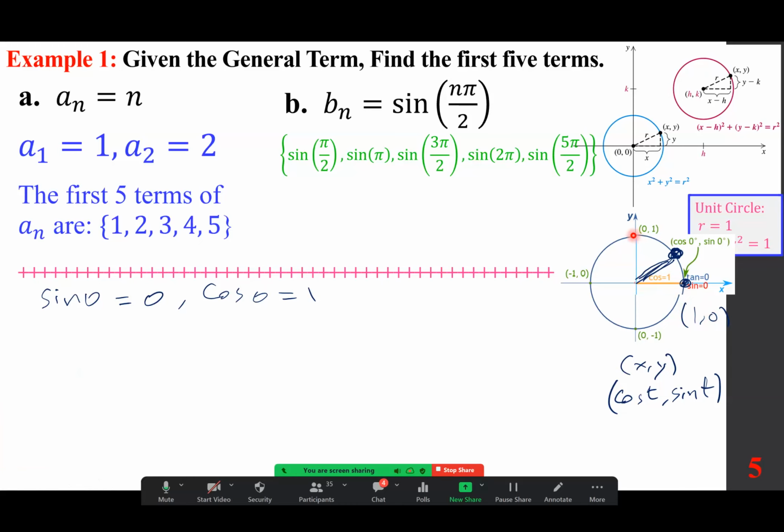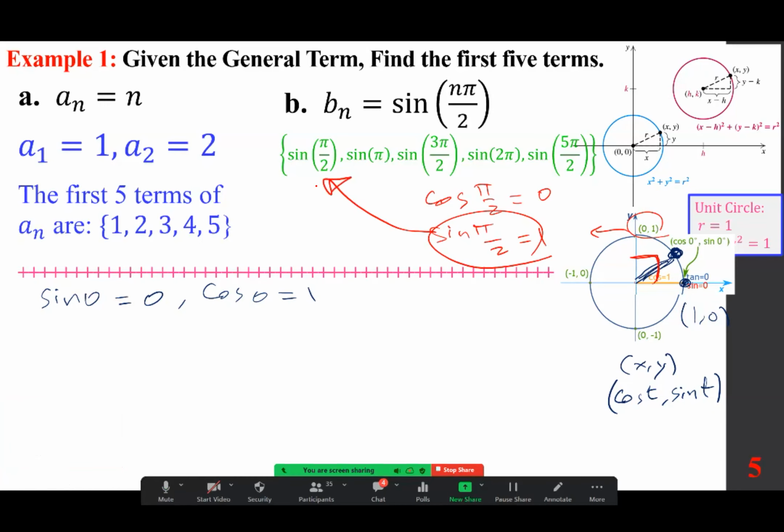What about this one over here? Here's the angle, everybody. 90-degree angle. Cosine of pi over 2 or 90 degrees is 0, but sine of pi over 2 is 1.